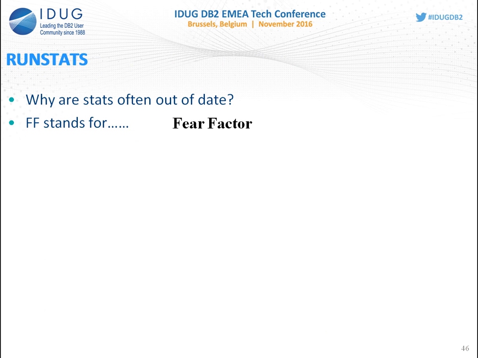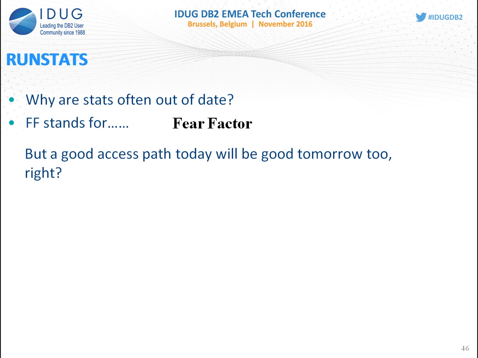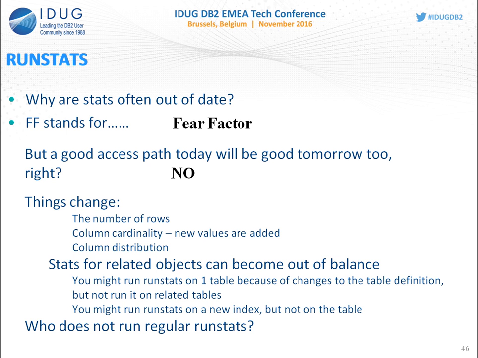Well, their answer might be, but a good access path today will be good tomorrow also, right? Well, no, because things change. The number of rows change. The column cardinality changes. We've added new statuses, new payment types. The column distribution changes. We used to sell mostly shoes, now we sell coats a lot. And especially related objects can become out of balance.